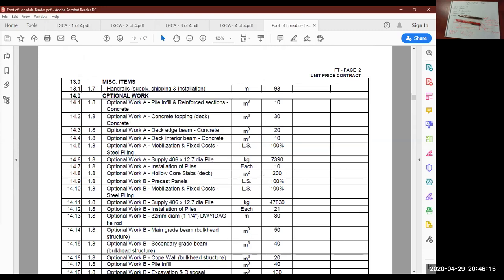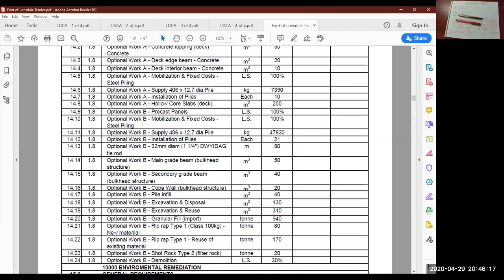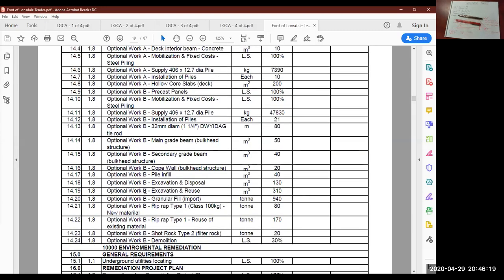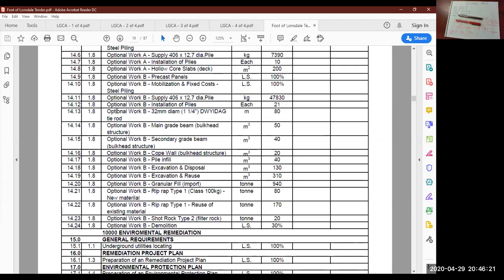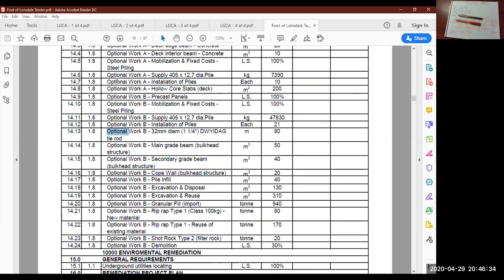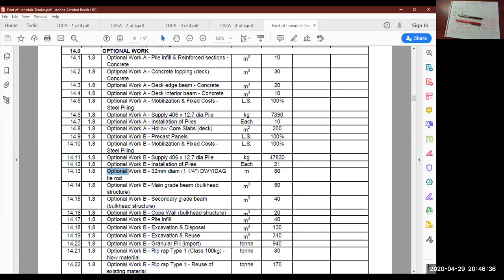This is optional work. Tons. So optional meaning it may or may not be included in the project once it starts. That gives the owner, in this case the city of North Vancouver, the option to delete any bid item that's labeled as optional without compensating you whatsoever for it.